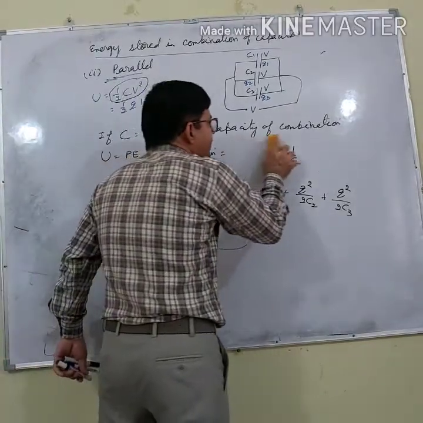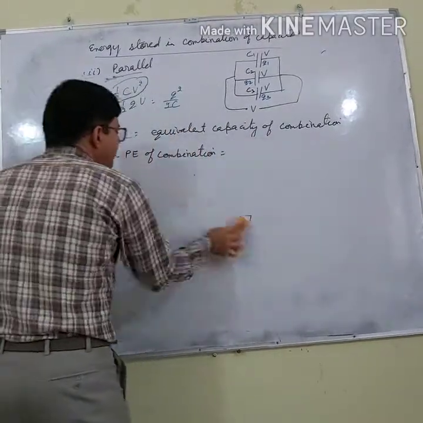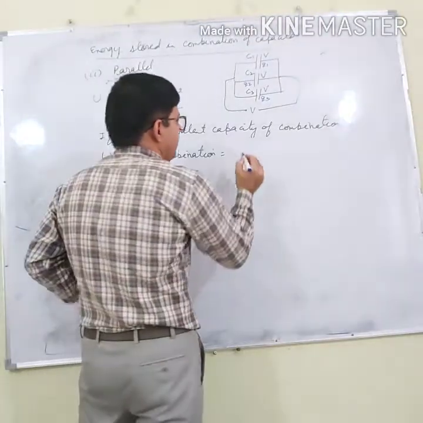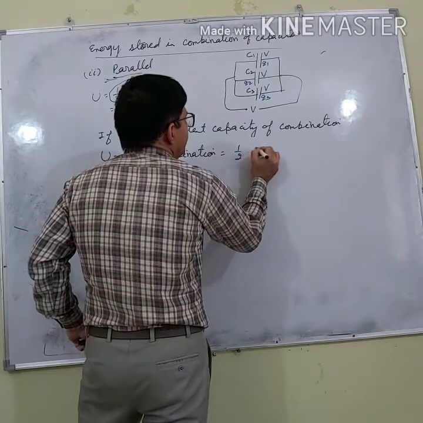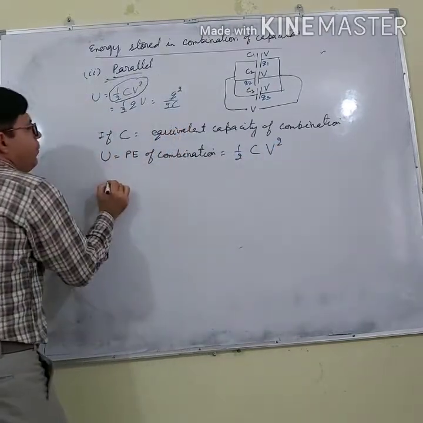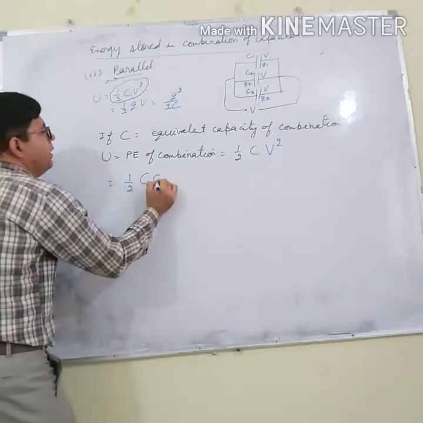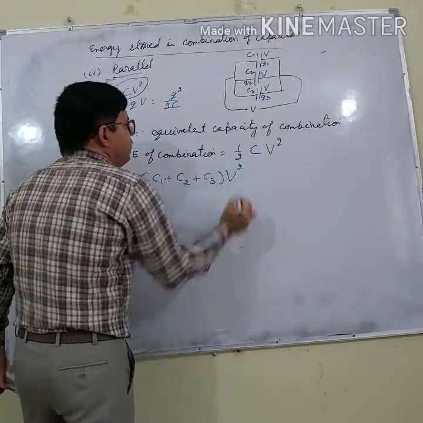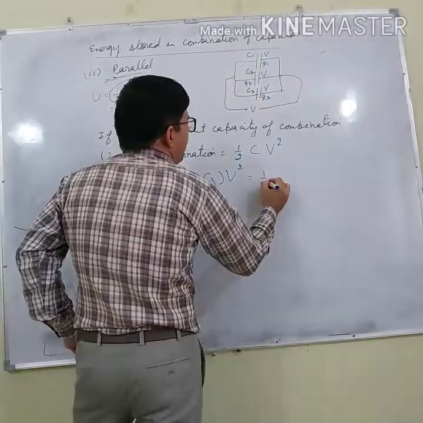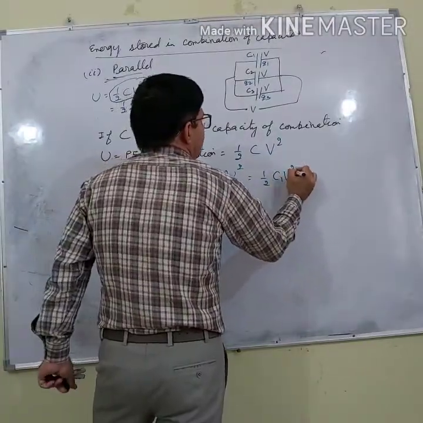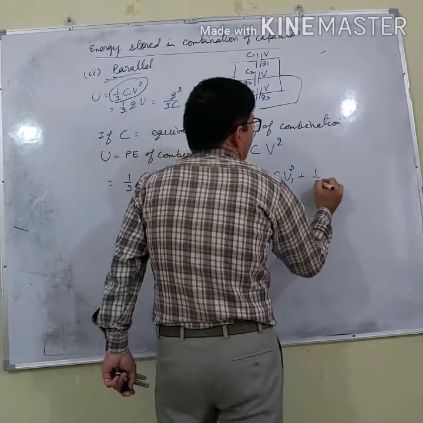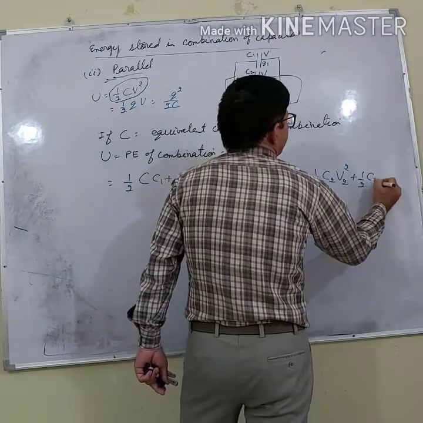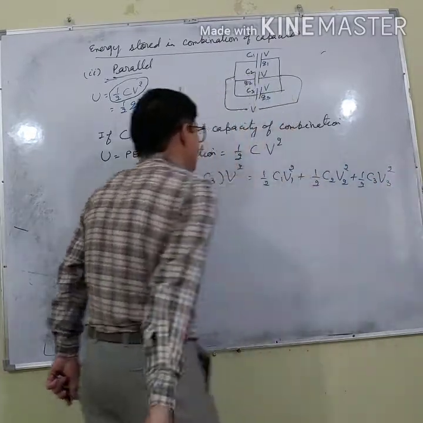I can write that this energy equals half of CV square. And what is the capacity of a parallel combination? C1 plus C2 plus C3, times V square. So I can write half of C1 V1 square, half of C2 V2 square, half of C3 V3 square.